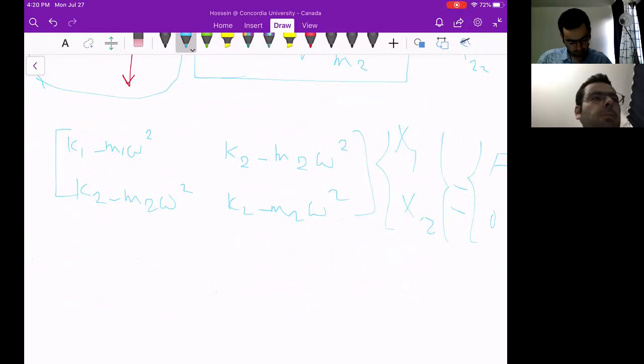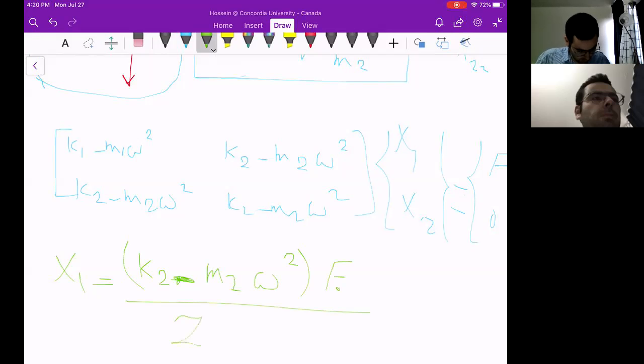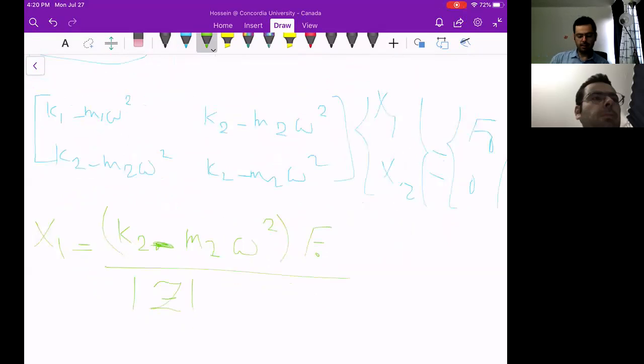So if you solve this equation, you will reach the point that x1 is going to be K2 minus M2 omega squared, F naught divided by the matrix Z. Using the Cramer approach for solving x1 and x2, the denominator is nothing but the Z matrix.